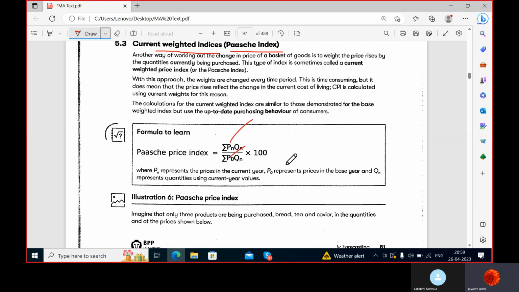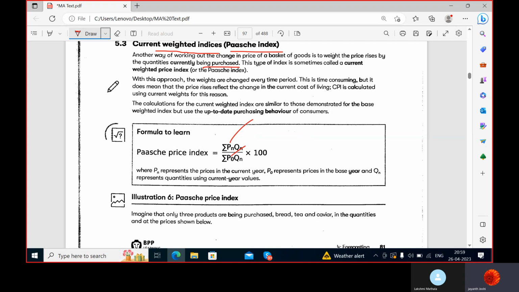Yes, so previously the old quantity, now the current quantity. Another way of working out the change in price of a basket of goods is to weight the price rises by the quantities currently purchased. That means we are taking the currently purchased quantities, whereas last time we took the previously purchased quantities.